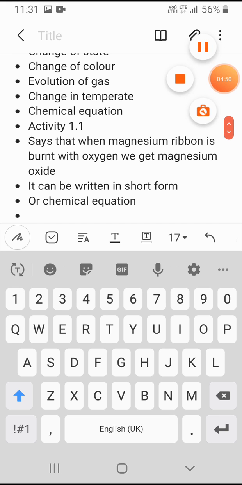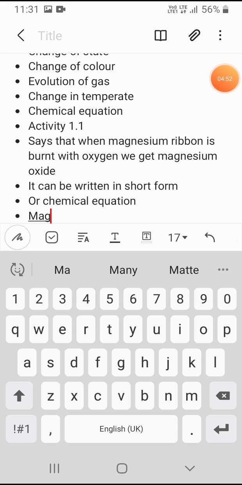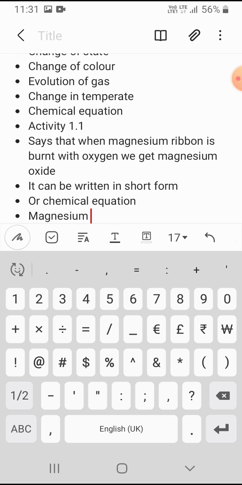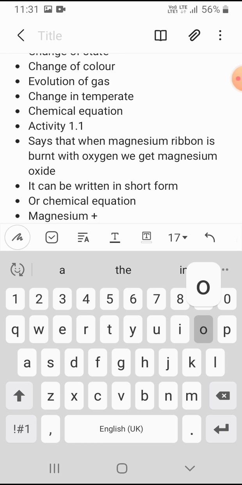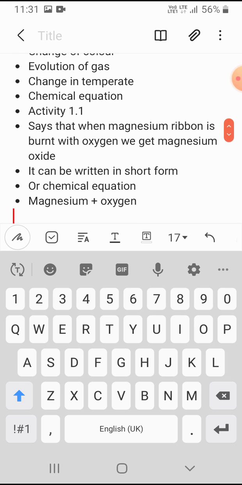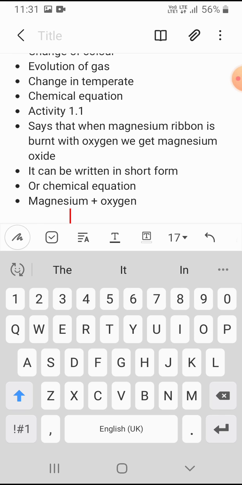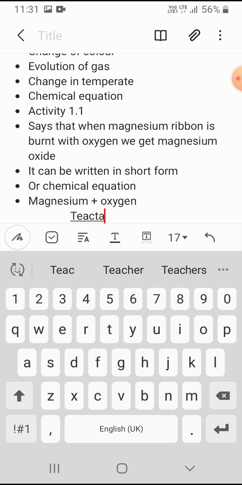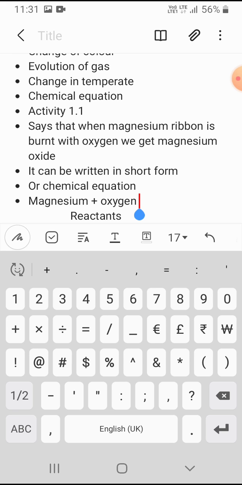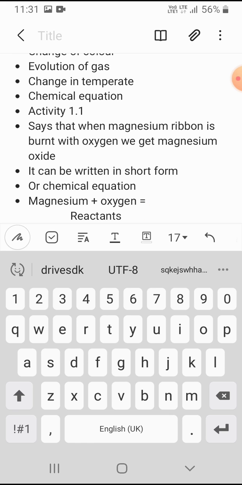First we write magnesium, what we have burnt, plus oxygen. Both of these are reactants, because they react with each other. Then we put an arrow mark, or an equals sign.